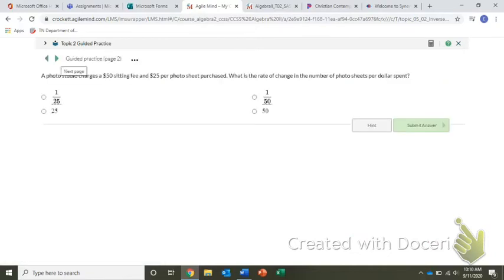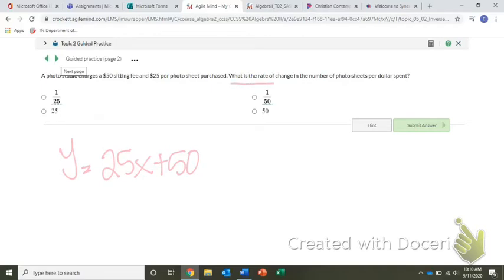All right, question 2. Question 2 goes along with question 1. So once again, our function rule is y equals 25x plus 50, okay? And it says a photo studio charges a $50 sitting fee and $25 per photo sheet purchased.